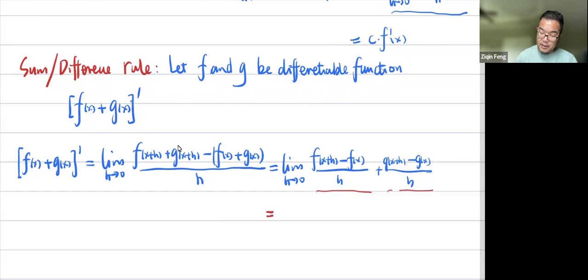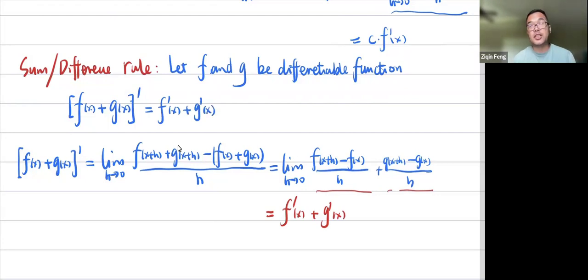So this is basically f prime of x plus g prime of x. So that's our sum rule. To differentiate a sum of two functions, you can differentiate each function first, then take the sum, right?